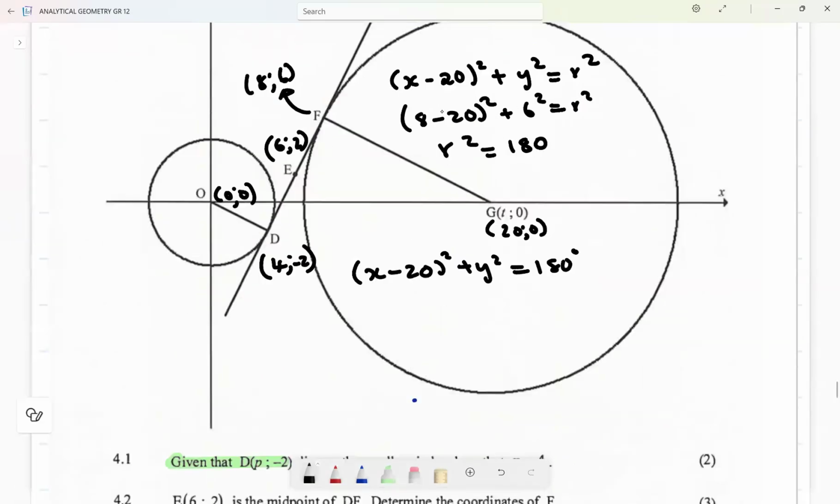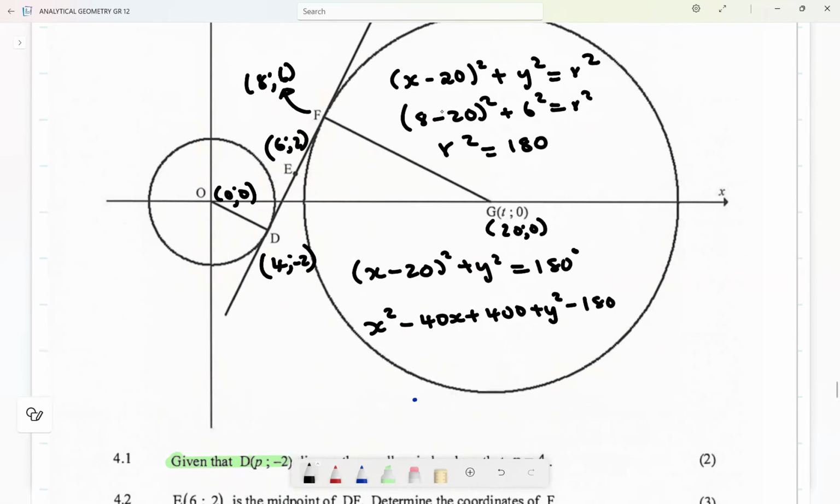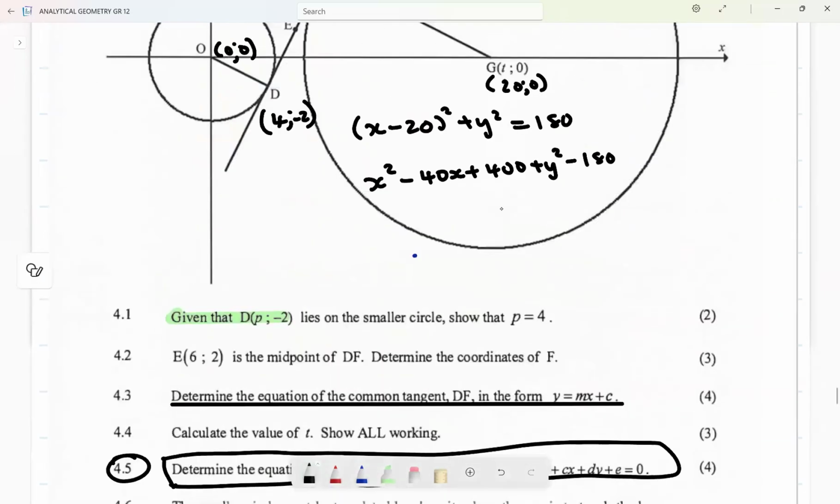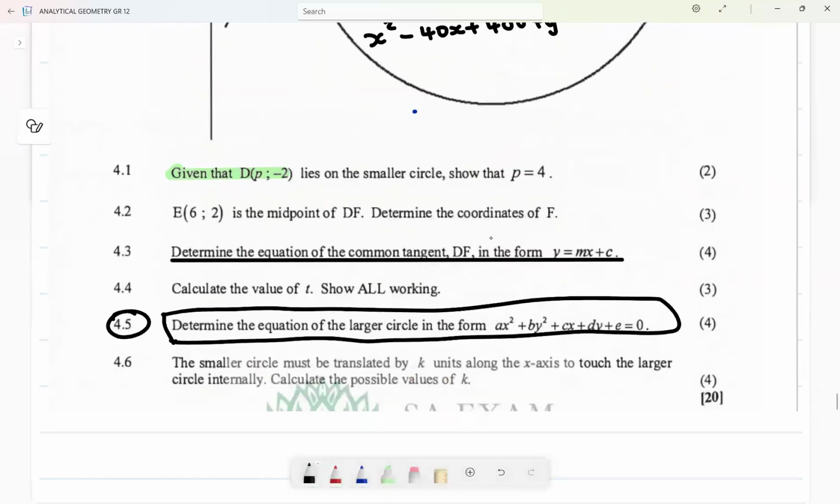And then let me try to simplify. It's going to be x squared minus 40x plus 400, plus y squared minus 180. They were not 180 degrees, guys, 180. Then, okay, it is equal to 0. They want it in the format of x squared plus y squared. Okay, sharp.